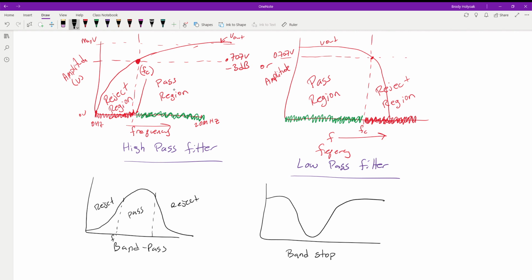We have a critical frequency for our low end and a critical frequency for our high end. Again, on the band stop, we have an area for where it starts, where it stops. This is going to be our reject region, and this is our pass region.